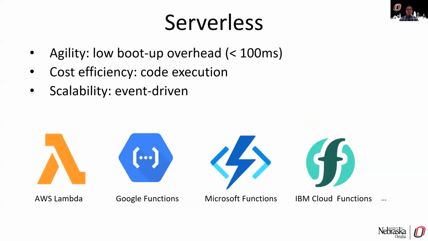Using serverless will be appealing for this application to handle peak workload. This is because serverless provides agility, cost efficiency, and scalability. So by deploying serverless instead of virtual machines, the data analytic system can handle peak workload very quickly.